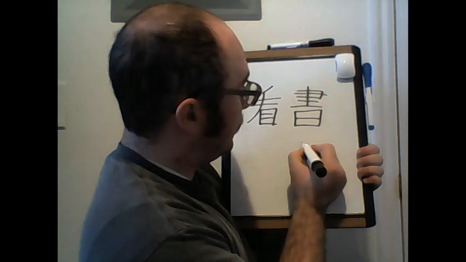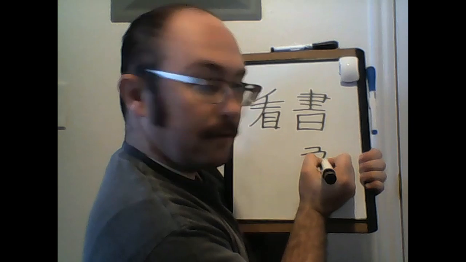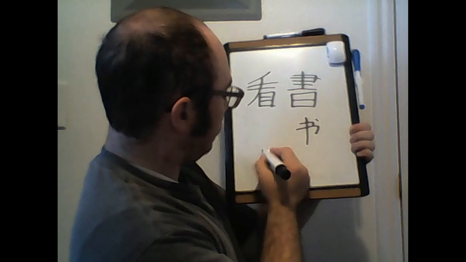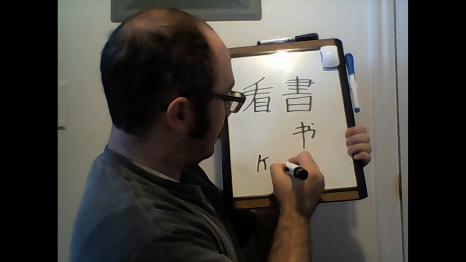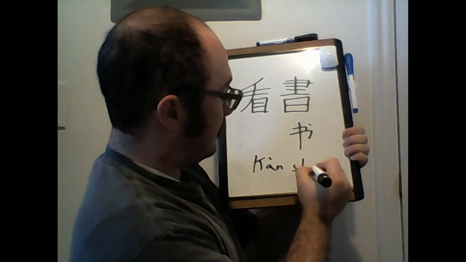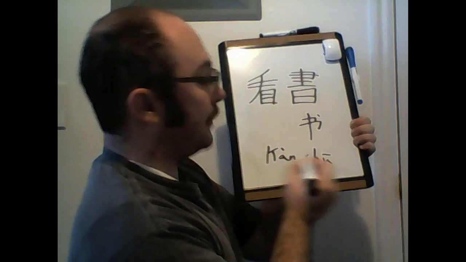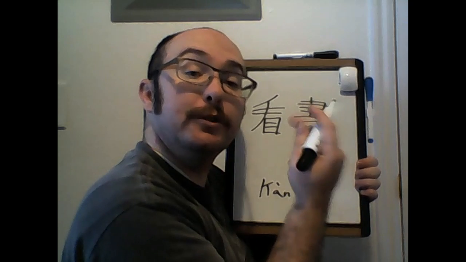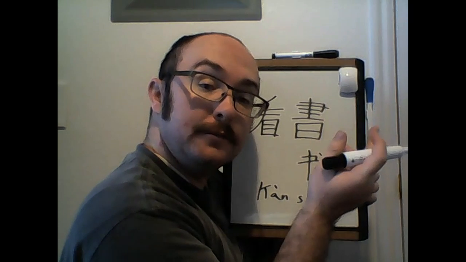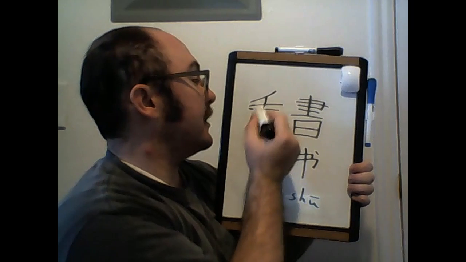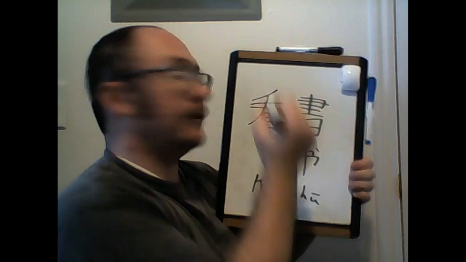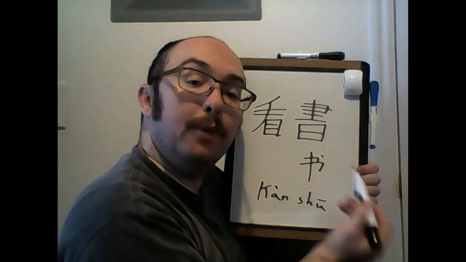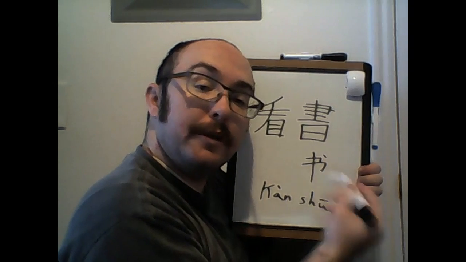The simplified is like that, and this is kan shu. Kan means to look or to look at. And you can kind of see it with the radicals. Here's a hand radical, and here's an eye radical. So you're looking. Kan. Shu means book. So to look at books or to read books.